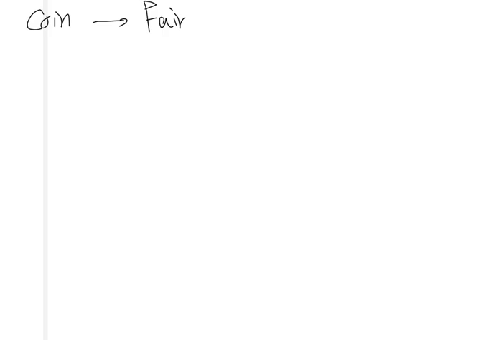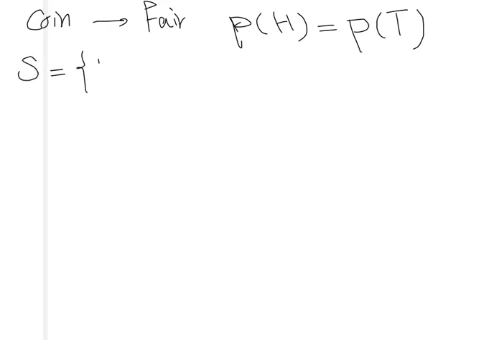So it means the probability of head is equal to the probability of T. And we know S for throwing a coin is H and T. So this one is E1 and this one is E2.